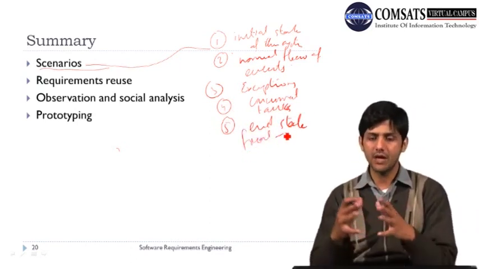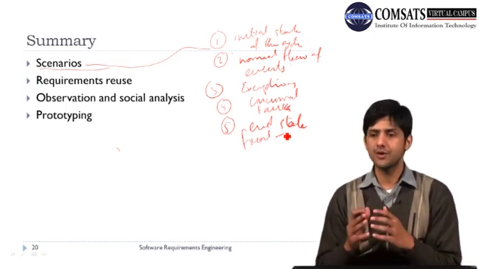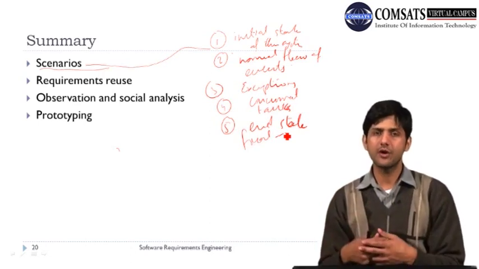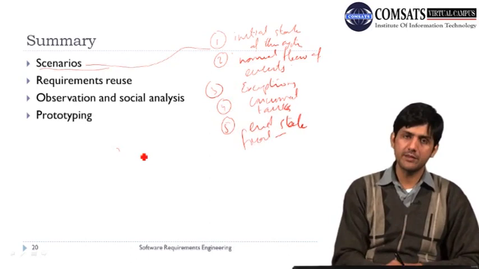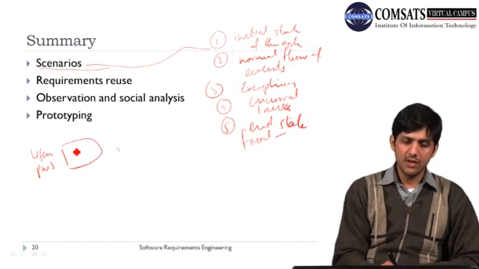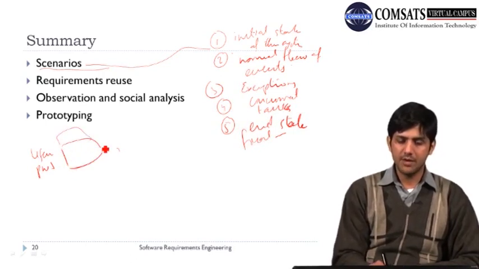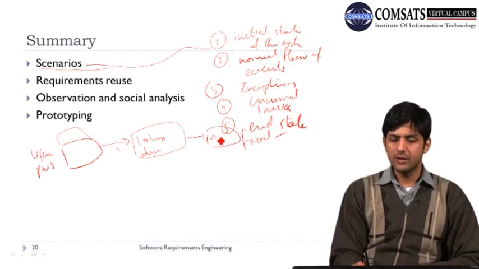So a scenario would have all these things, and we discussed an example of, for example, you want to order a new document from the library.